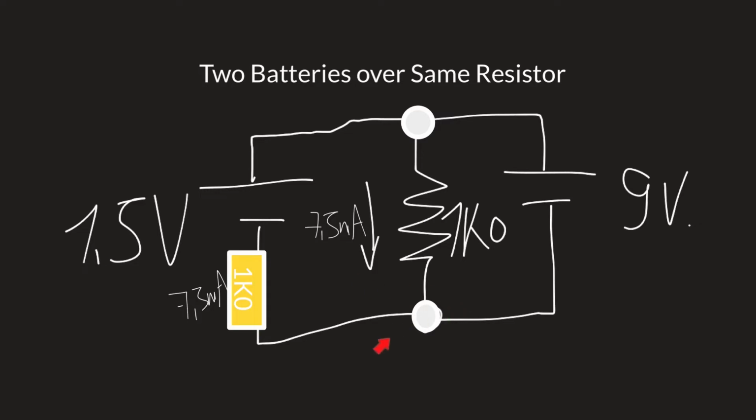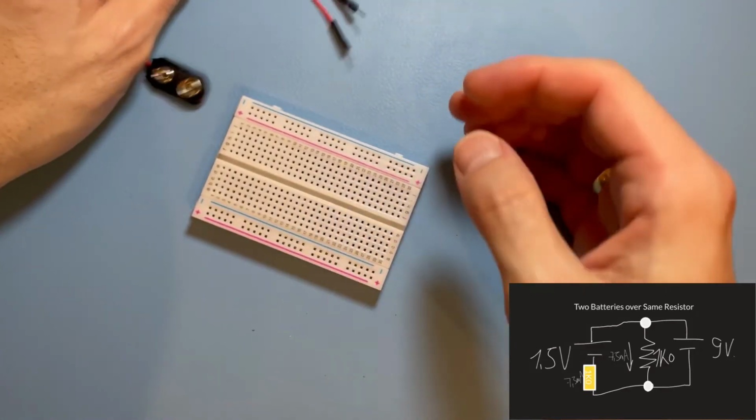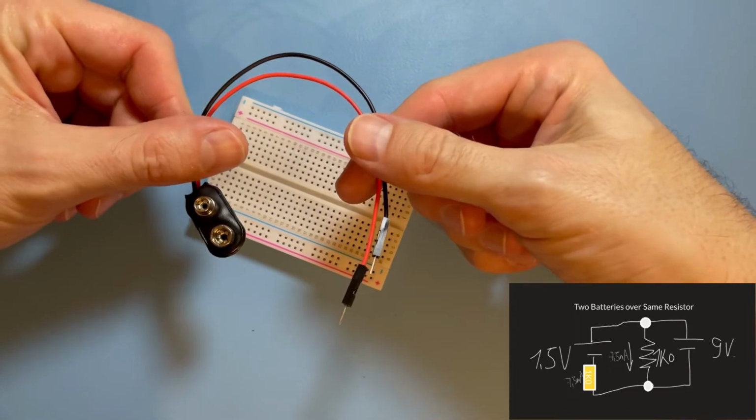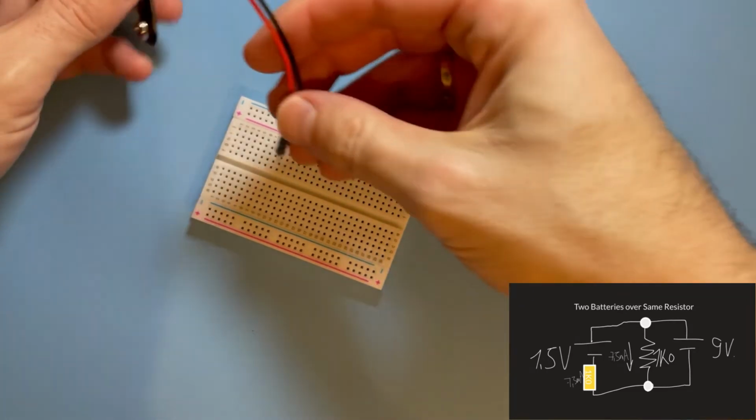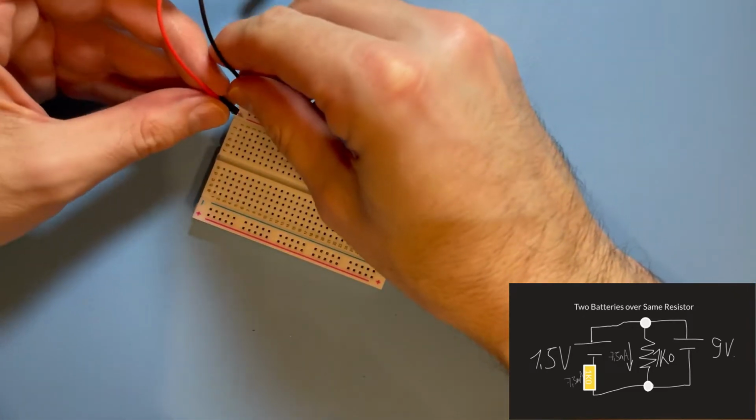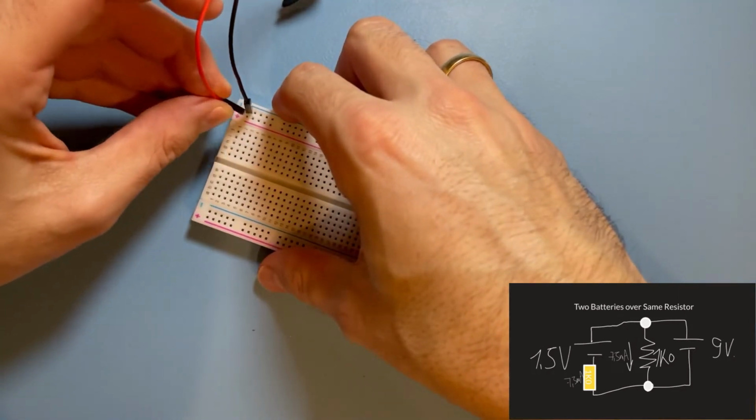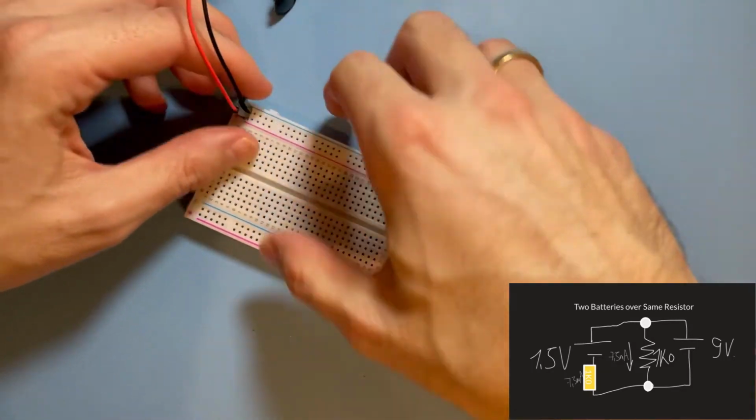But let's go to reality and see what is really happening here on the breadboard. And here we are. This is my 9 volt adapter. I'm connecting it to the breadboard, to the upper rails.